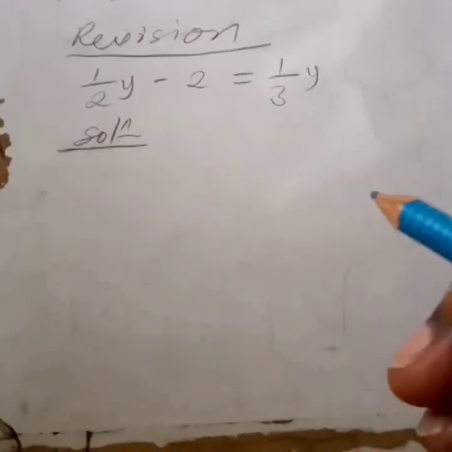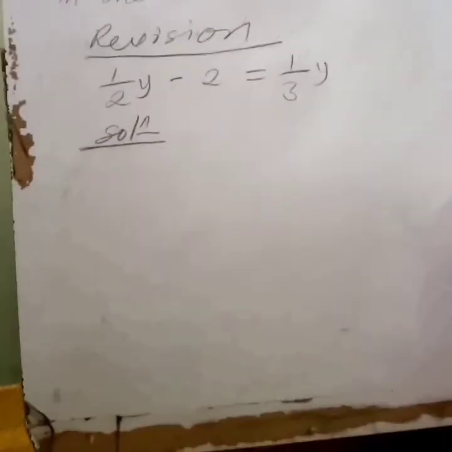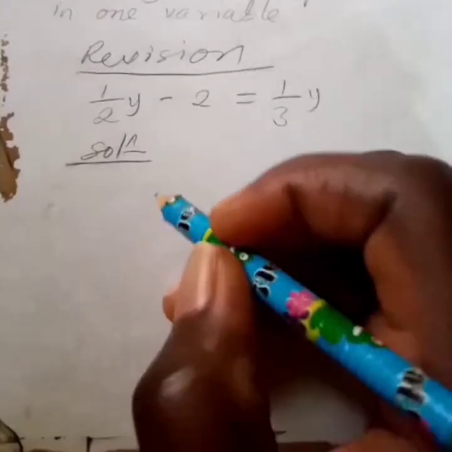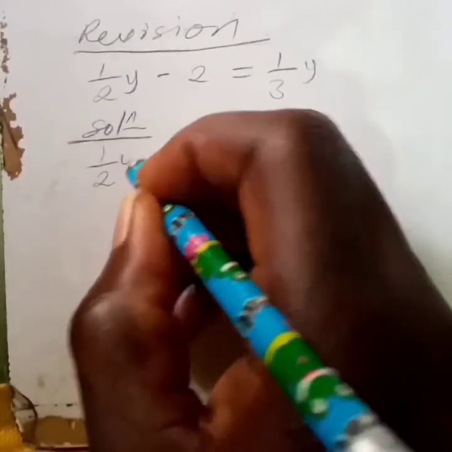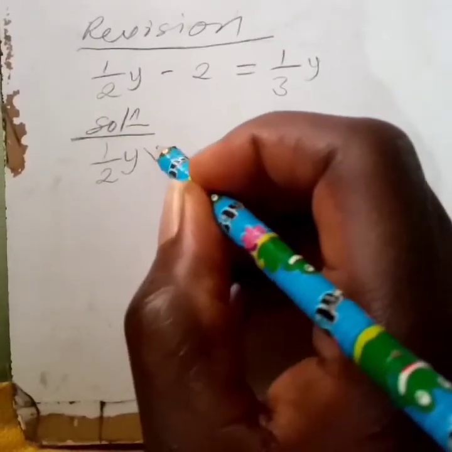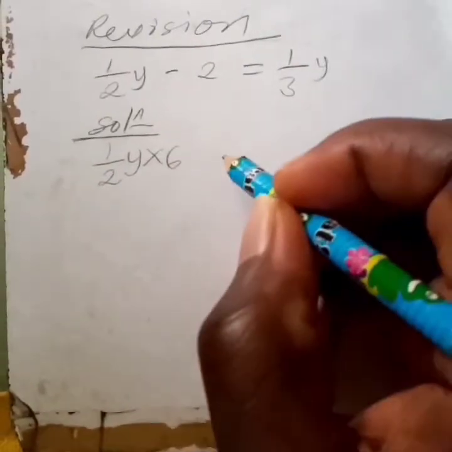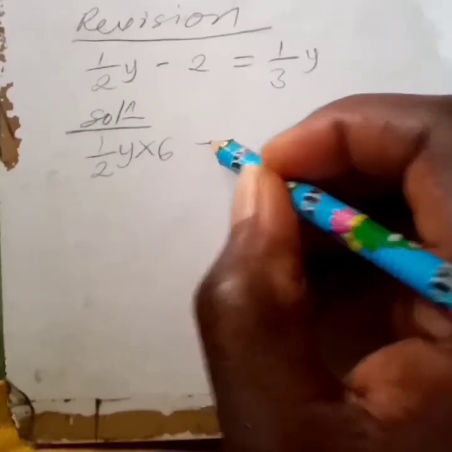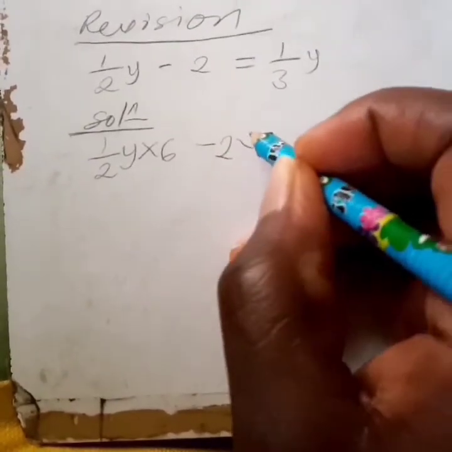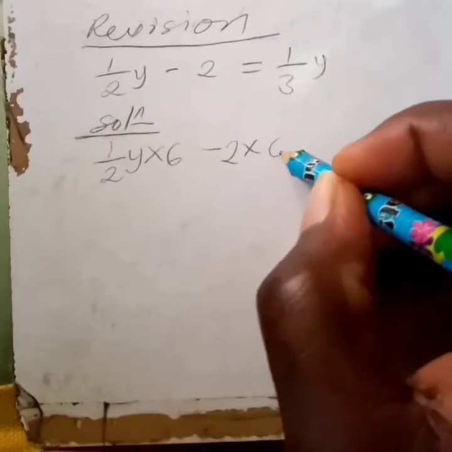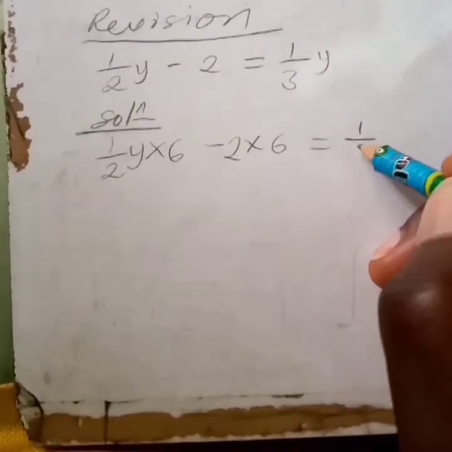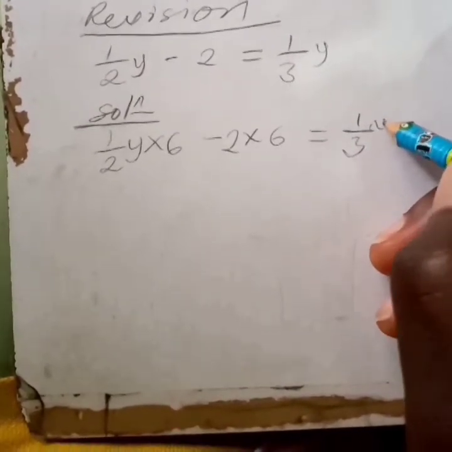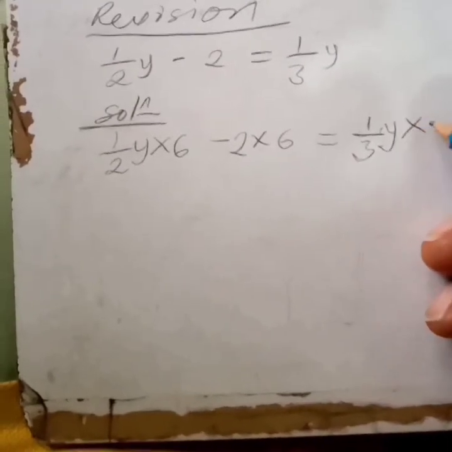So we are going to multiply through by 6. Others may put it in bracket, minus 2. 2 is one of the terms, so we must multiply it by 6. Then we have 1 over 3y, also another term, so you multiply it by 6.